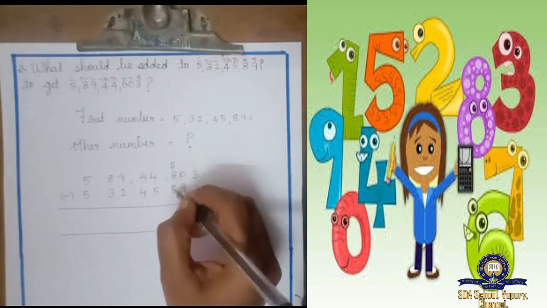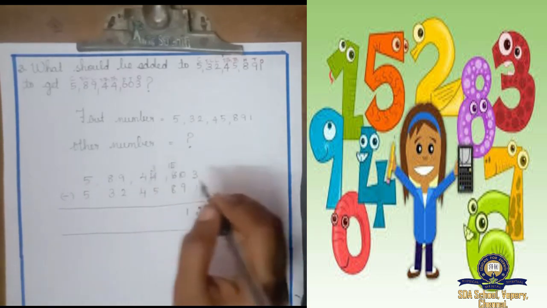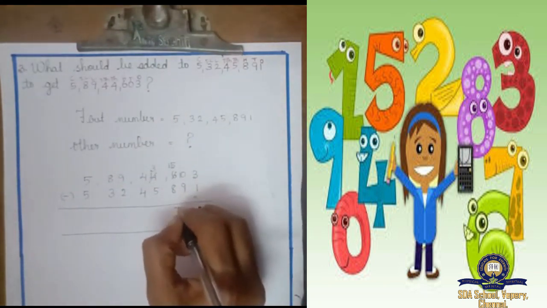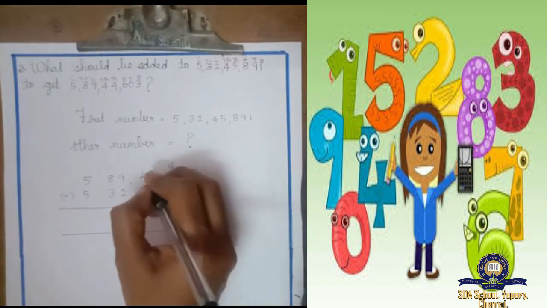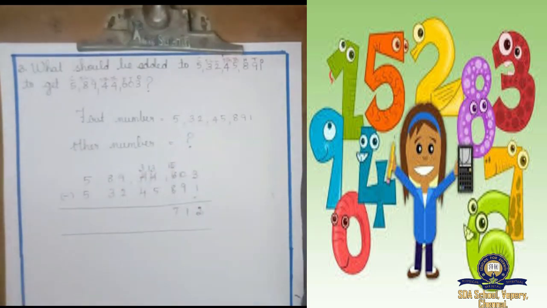From 5 we cannot minus 8, so we have to borrow. This will become 3, this will become 15. 15 minus 8 is of course 7. Now from 3 we cannot minus 5. We have to borrow. This will become 3, this will become 13.